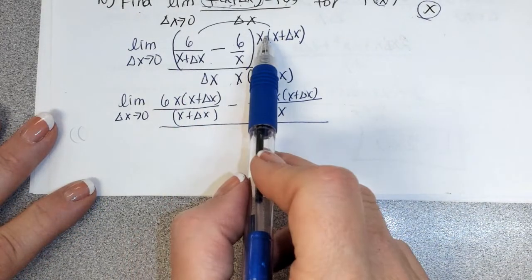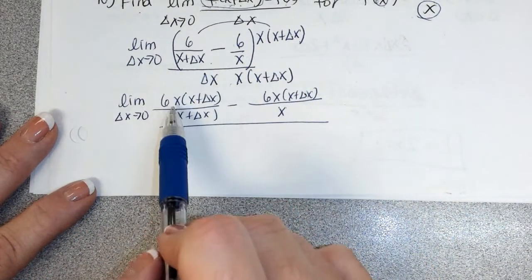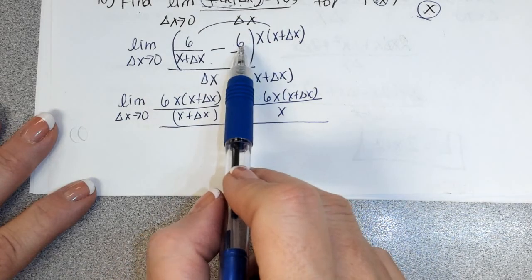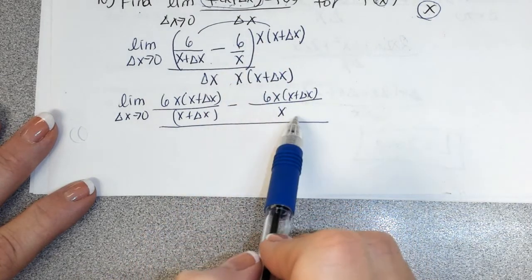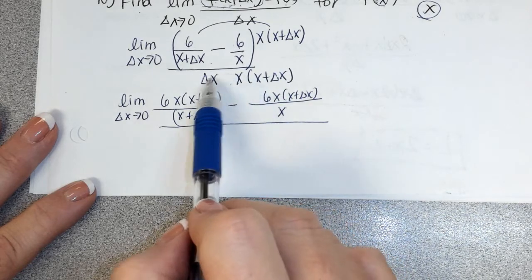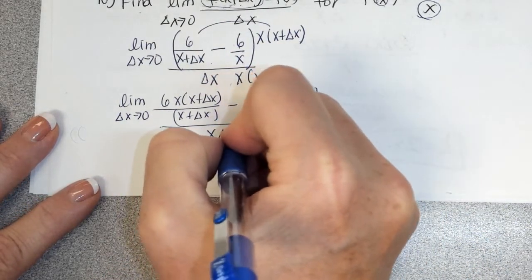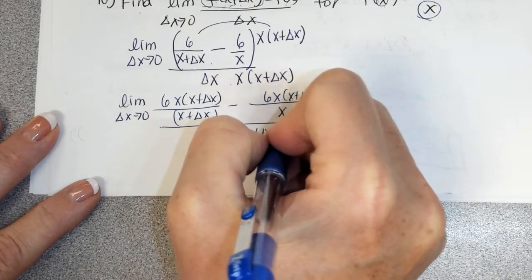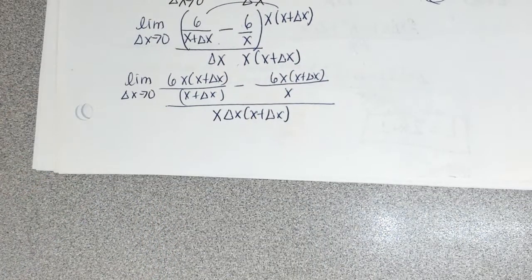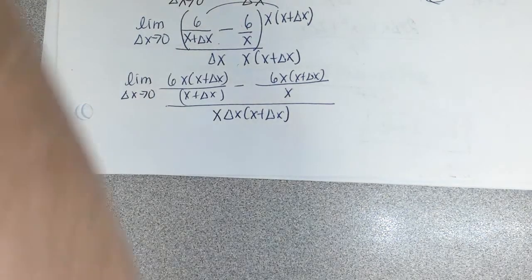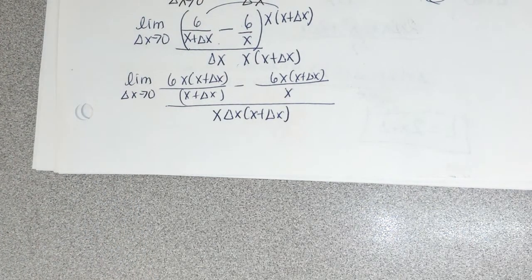I'm multiplying 6x, x plus delta x, and then minus, and then 6x, x plus delta x over x. And then here, I'm going to put this x first, just so it's not confusing. Now, if we have done this correctly, then a lot of things should cancel out.